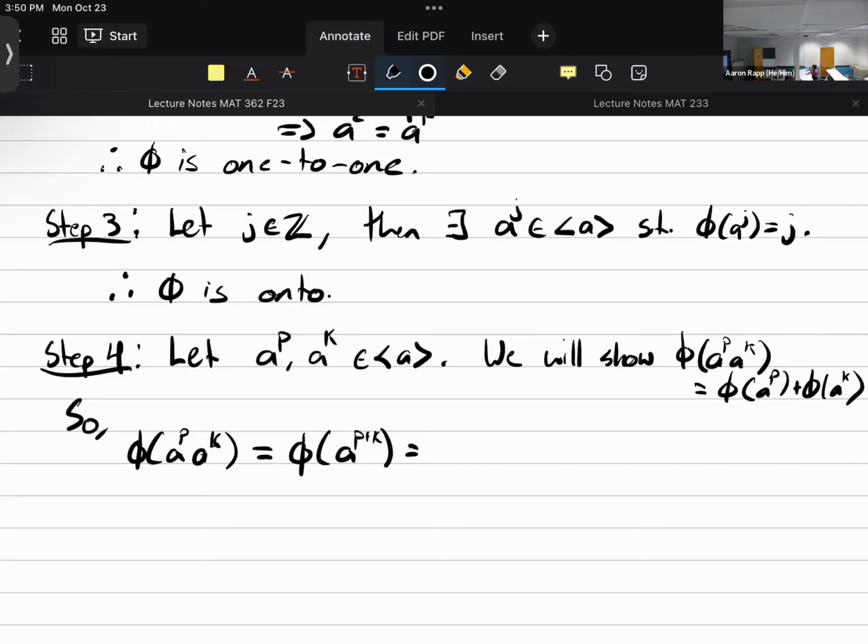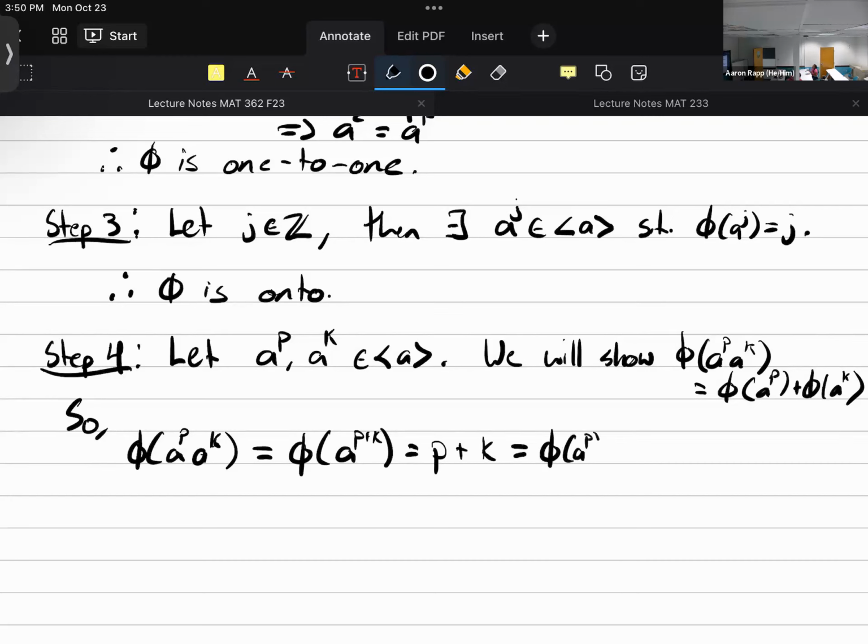And if I have p plus k operations of a, then v of a to the p plus k is going to be p plus k. I'm just remembering that addition is the operation in this group that I just mapped into. But wait, p is just the outcome from v of a to the p.